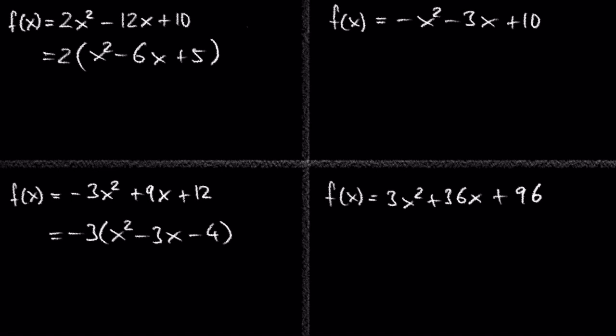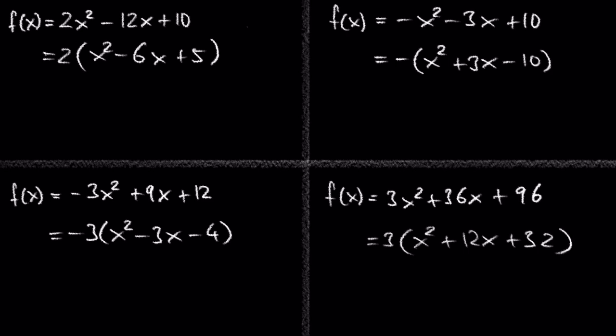In the third example, we factor out negative 1, which gives us the negative of x squared plus 3x minus 10. And in the fourth example, we factor out 3, which gives us 3 times x squared plus 12x plus 32. You can validate if you factored out properly by using the distributive property.